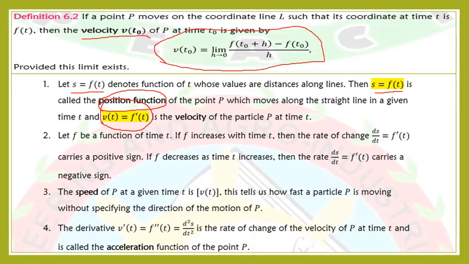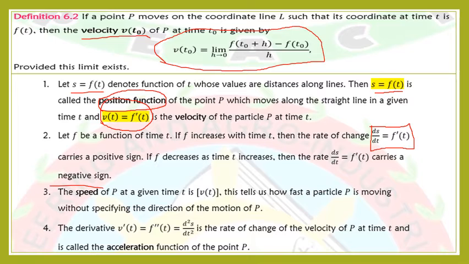Another is, let f be a function of time t. If f increases with time t, then the rate of change ds over dt is equal to f prime of t, and it carries a positive sign. If f decreases as time t increases, then the rate ds over dt, f prime of t, carries a negative sign.